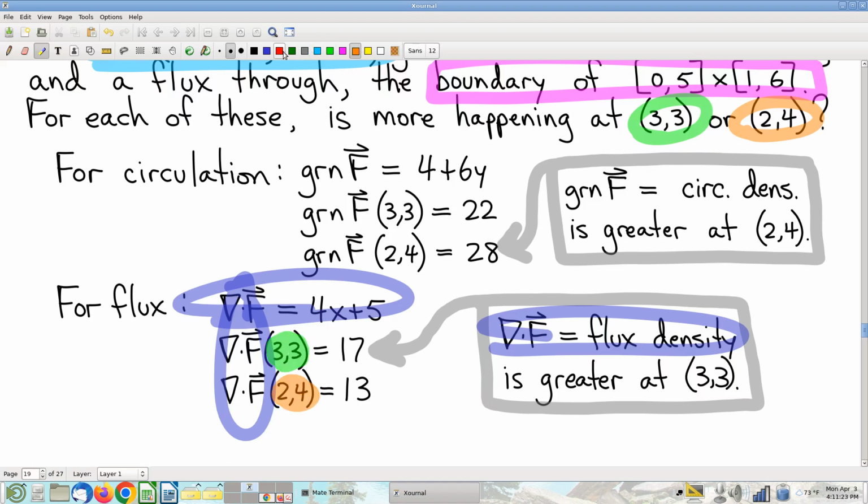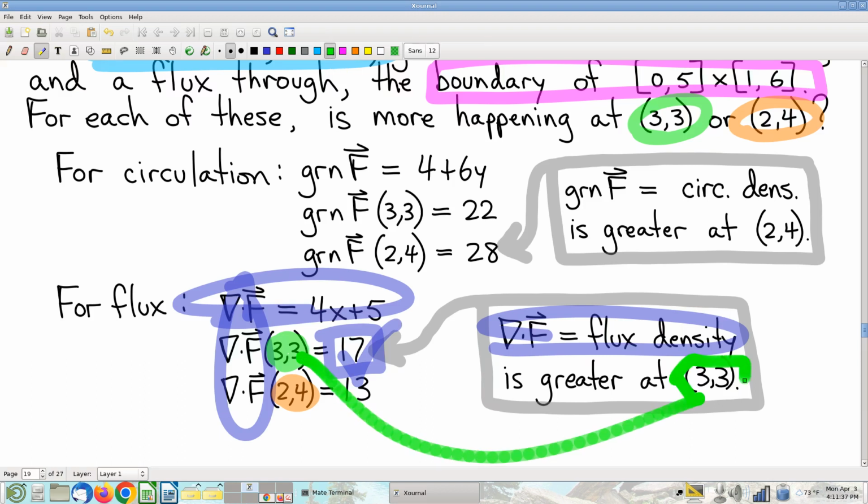We want to look and see where it is bigger. Oh, 17. That's the bigger of these two numbers. That's the larger value of divergence. That's where most of the flux is happening between these two points anyway. And so 3 is where there's more flux happening. Okay.